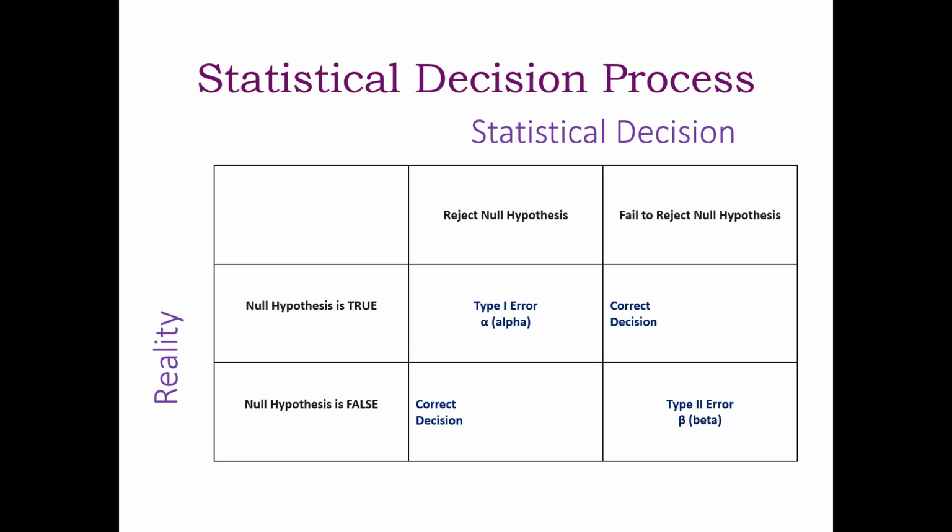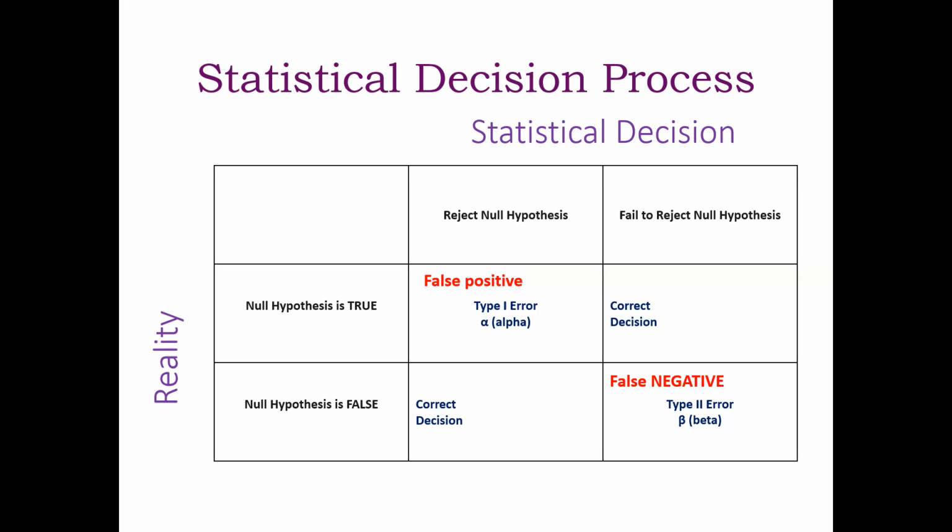We can have what we call a false positive: we reject the null when the null hypothesis is actually true in reality. This is a type 1 error, also called an alpha error. The probability of making a type 1 error is equal to alpha, so generally 0.05.